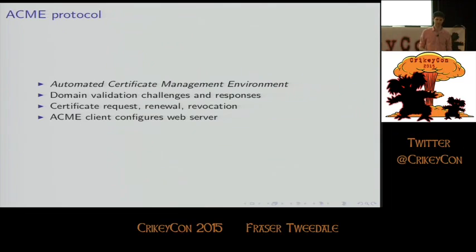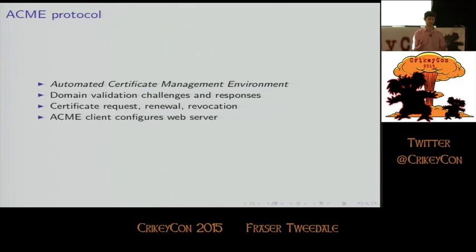ACME stands for Automated Certificate Management Environment. There's provision in the protocol for the automation of domain validation via the issuance of challenges by a certificate authority to a client, and the client will do some work in response to those challenges, send some data back to the server in order to have the server validate that the client has control of a particular domain that they're interested in acquiring certificates for.